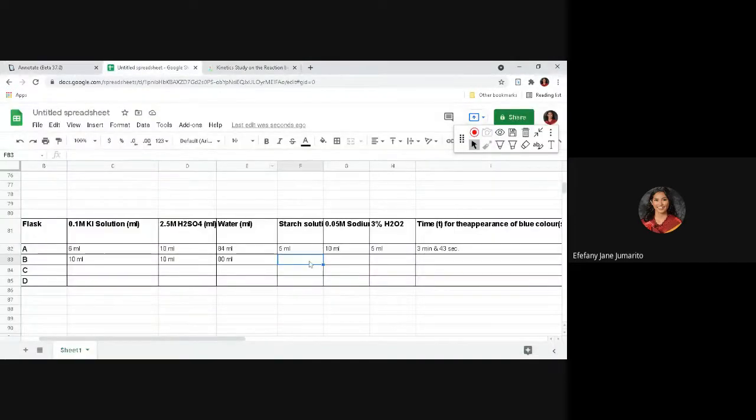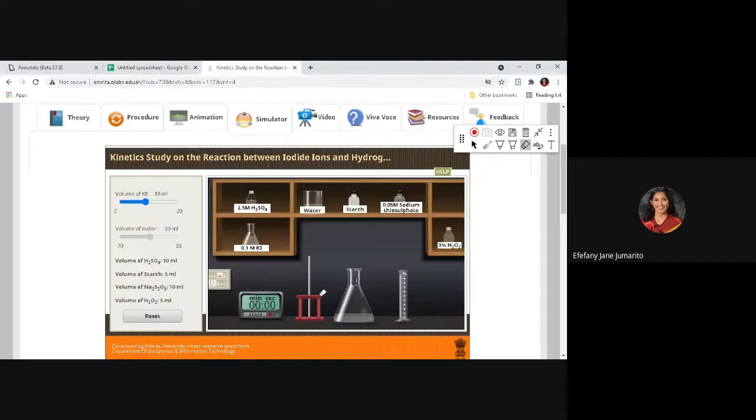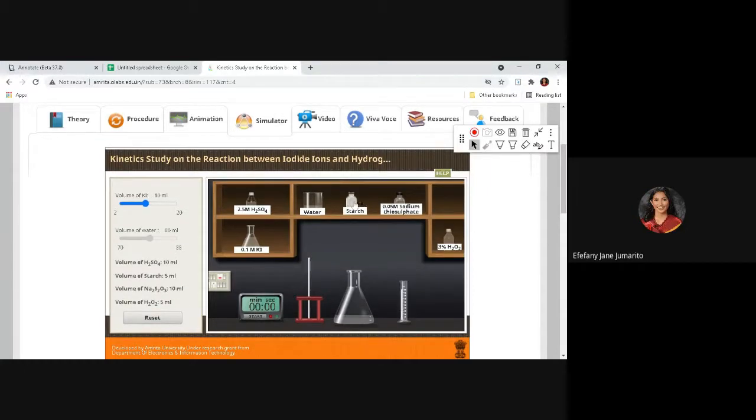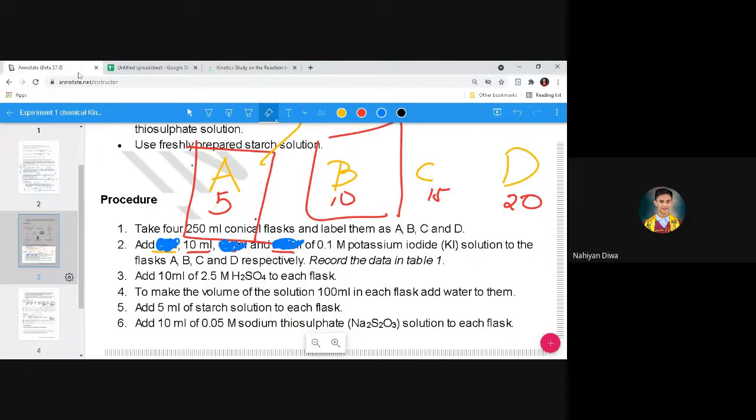Add 5 ml. Okay, let's write with 5 ml starch. Then after that one, we will add 10 ml.